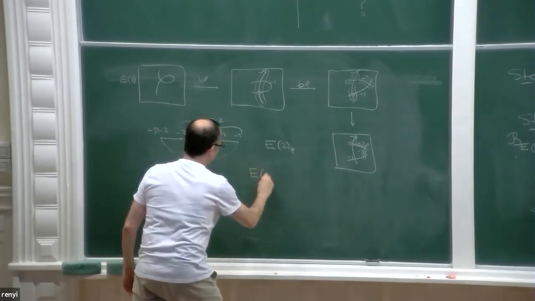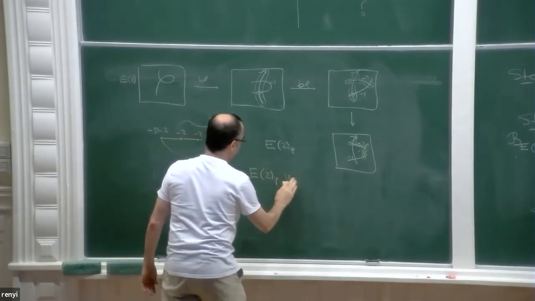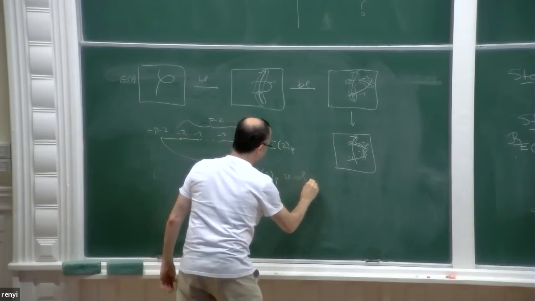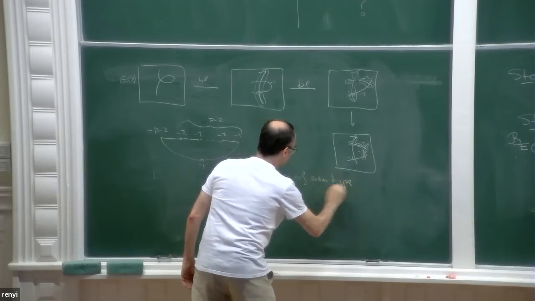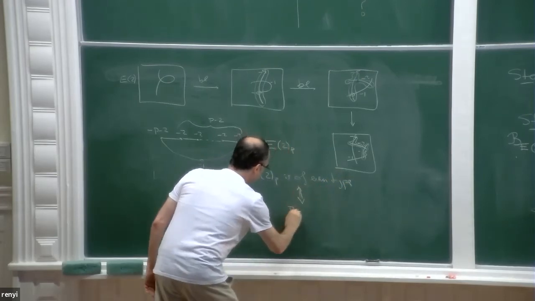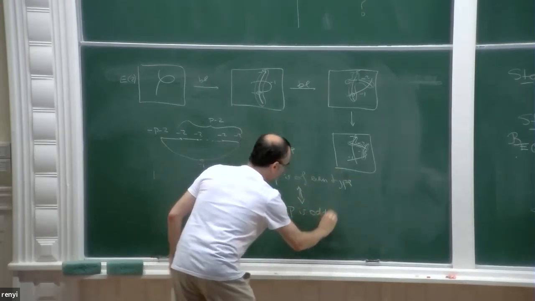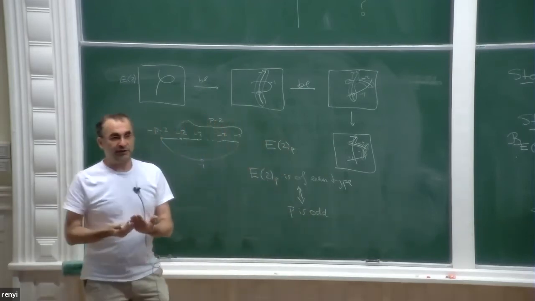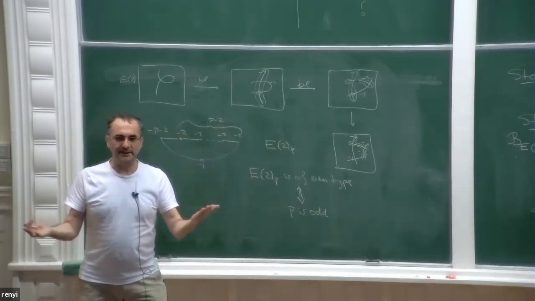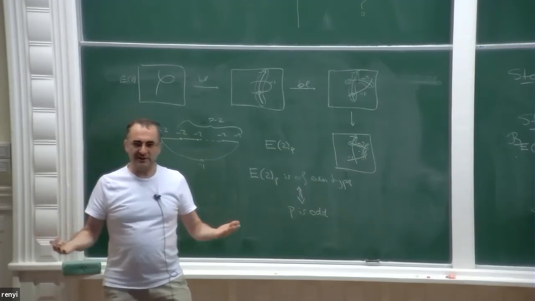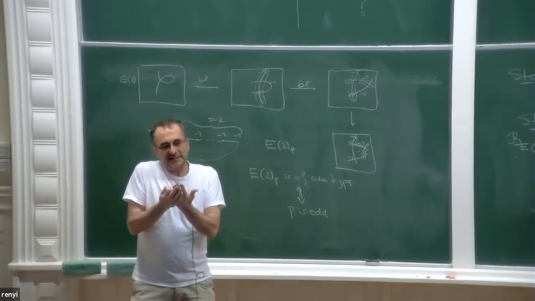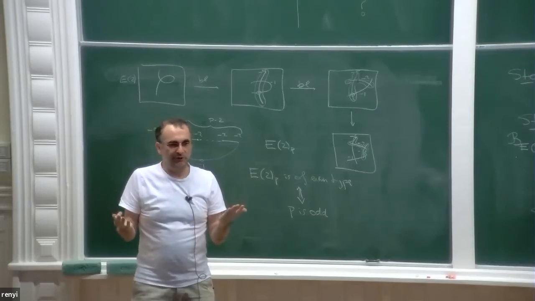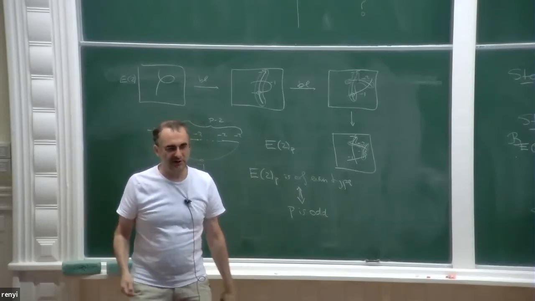So E2P is of even type if and only if P is odd. So in fact, we created two infinite families of smooth manifolds such that within the families, they are all homeomorphic. The two families are not homeomorphic because one of them is even and the other one is odd.